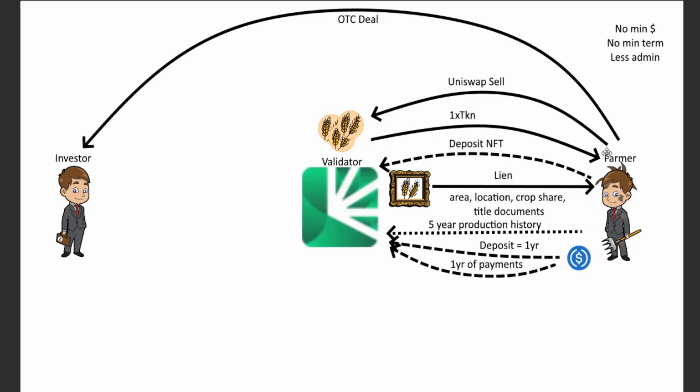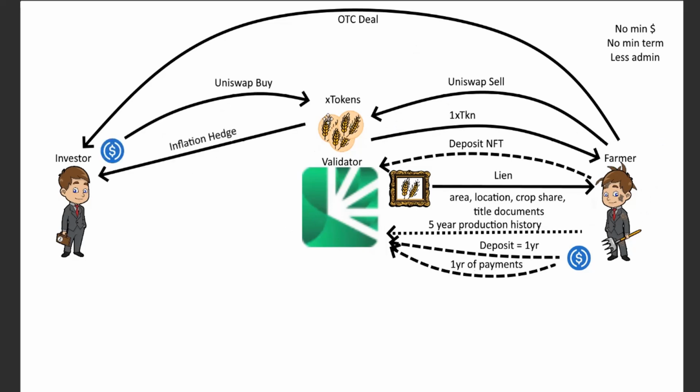Now that he has these X tokens, he can sell them on Uniswap to the liquidity pool, assuming other people have already done this and the pool's already established. He's not the first farmer. Or he can do an OTC deal with an investor, who could just talk to him and say, I'll buy some of these X tokens off you, right?